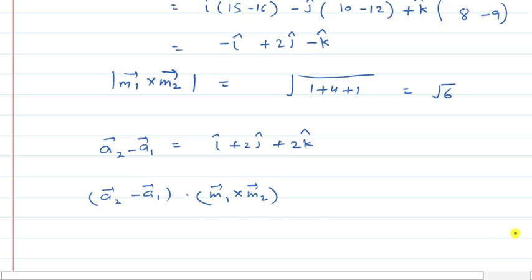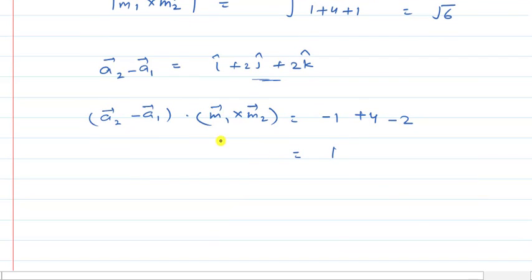This is very simple: we calculate the dot product of these two, which is 1 into minus 1, that is minus 1, 2 into 2, that is plus 4, and 2 into minus 1 is minus 2. So we are getting 1, and its modulus is again 1. Therefore the shortest distance is equal to 1 upon root 6, which is equal to root 6 upon 6 units.